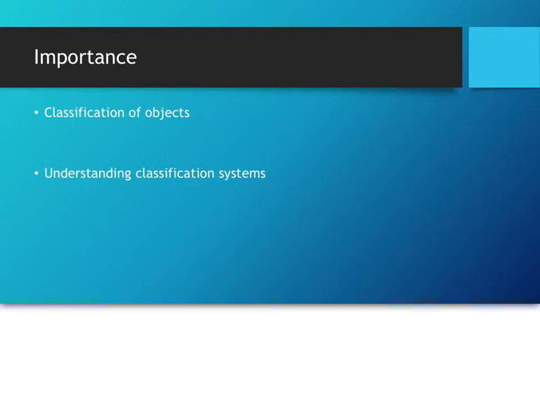Alright, so it's mostly important in understanding classification systems, and we'll see that in the later chapters. A lot of the things that we're going to talk about in probability, in logic, and in graph theory actually boil down to set ideas.